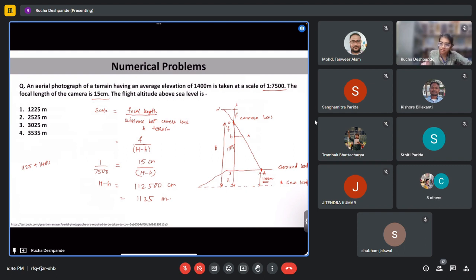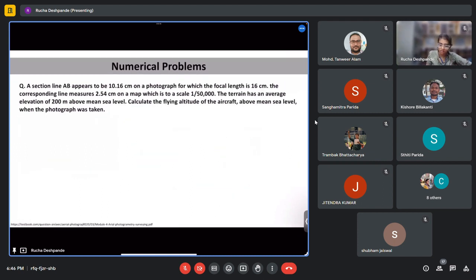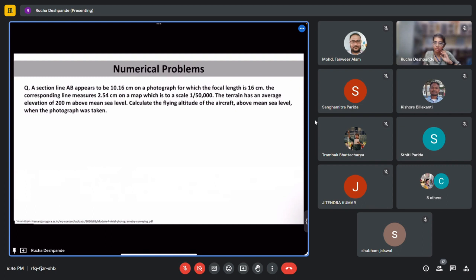Sorry, the scale is not correct. So this would be 2525 meters. I hope this is clear. You can try to solve this problem if the last one is clear.